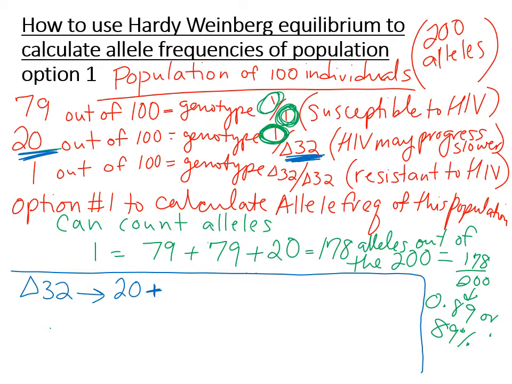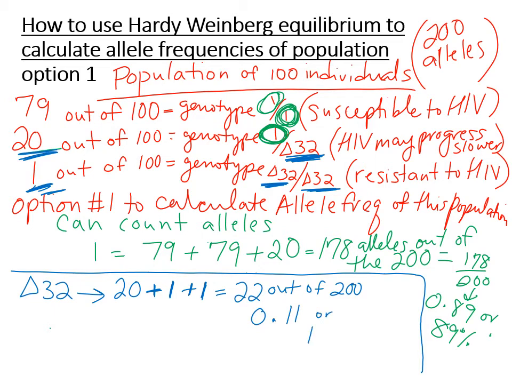The next spot where you see delta 32 is right here, and that's one allele. And the last spot, that's 1 allele again. So that's 22 out of 200 alleles.